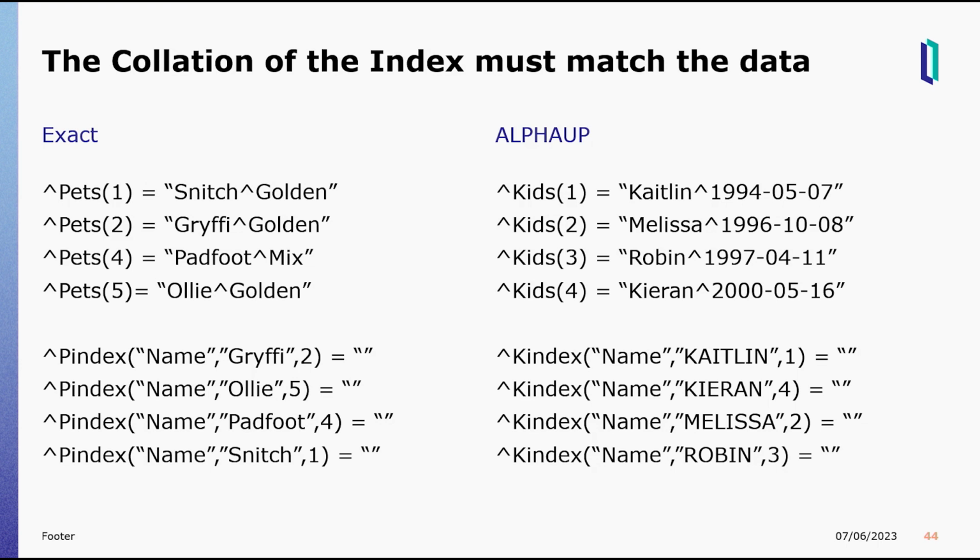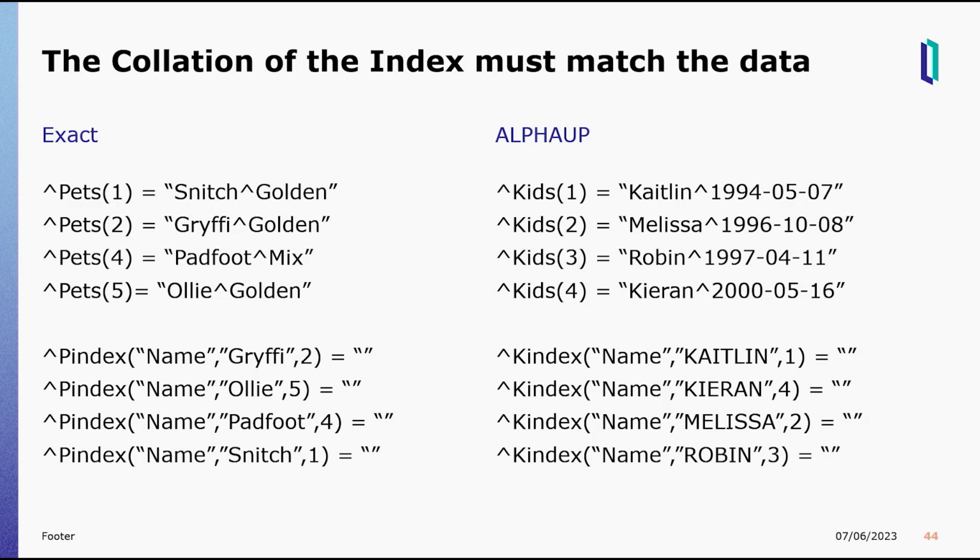So I need to tell my class definition that when you're going from my index to the data, or from my data to the index, you need to perform a transformation to change the data so that it matches. When I use a where clause in my query, I need to make sure that I'm using the right format. So I need to change whatever you give me, convert it to alpha up and do a comparison, because that's the function.